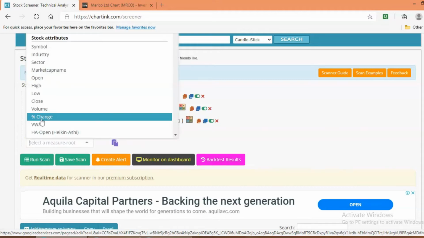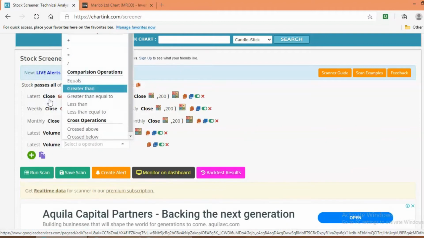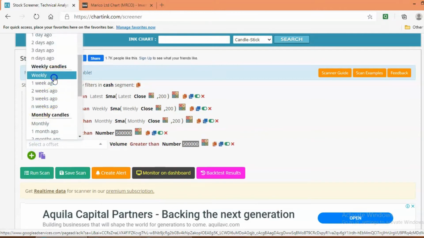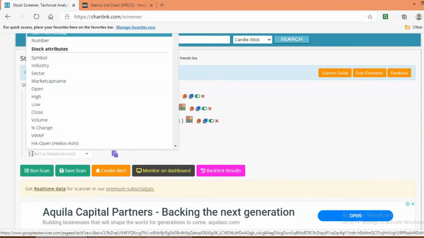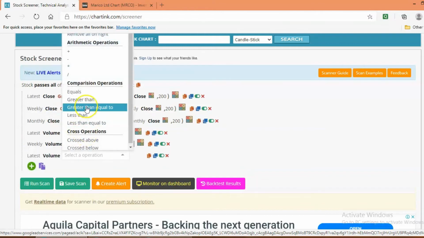Same way we will add volumes on a weekly basis also, as well as daily, and monthly also. So make it weekly, and finally we will go for monthly.